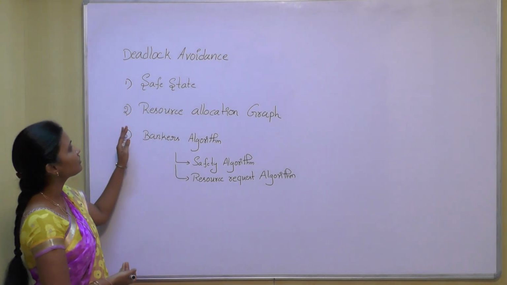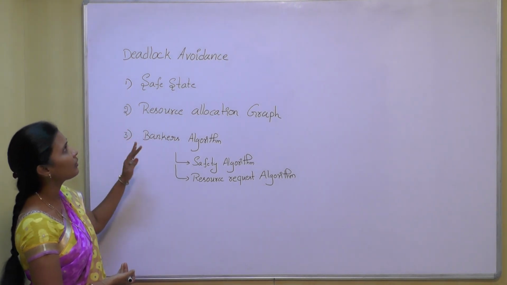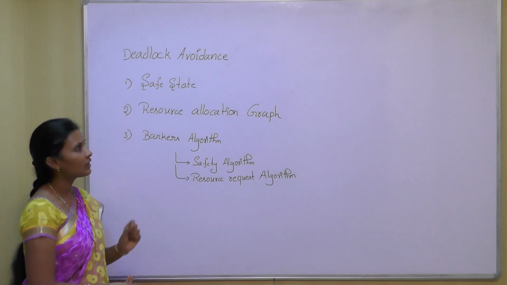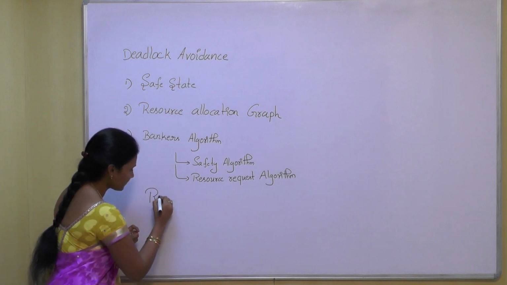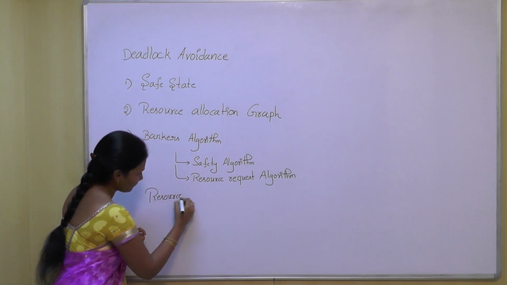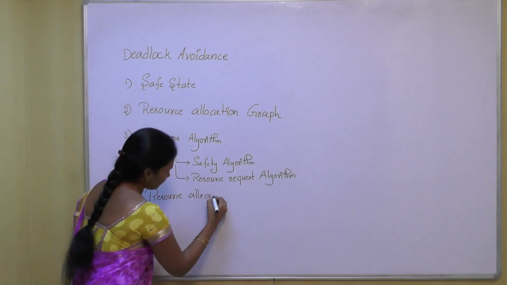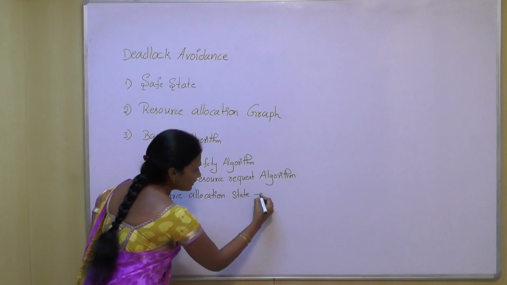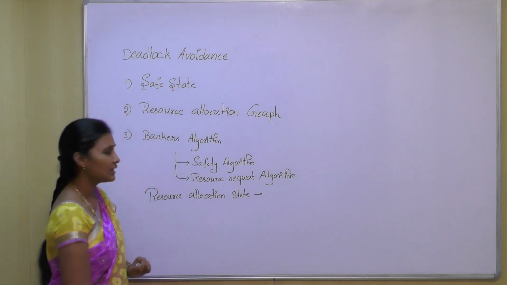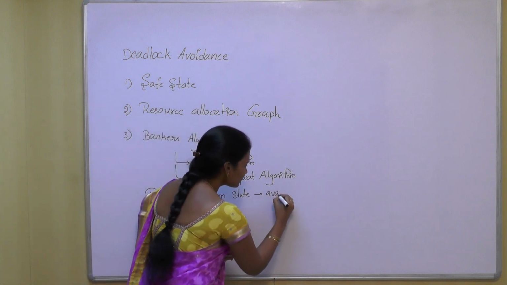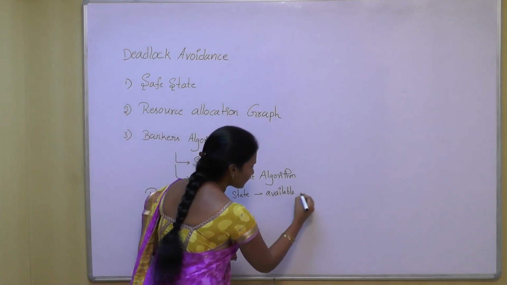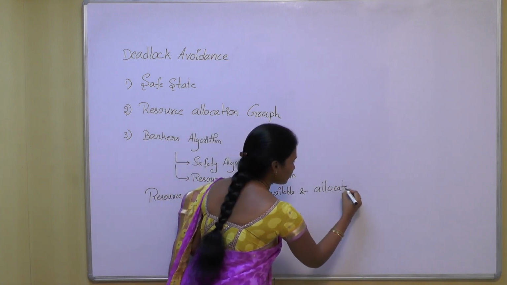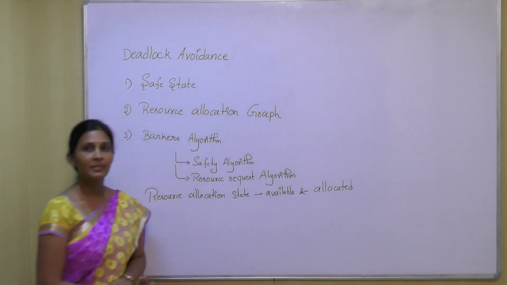Deadlock avoidance algorithms examine the resource allocation state. The resource allocation state defines the number of available resources, the allocated resources, and the maximum demand of a process.